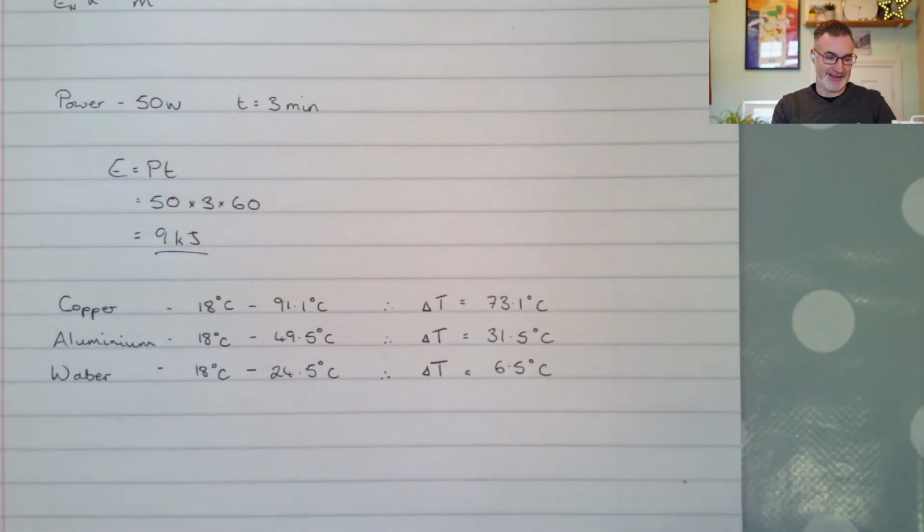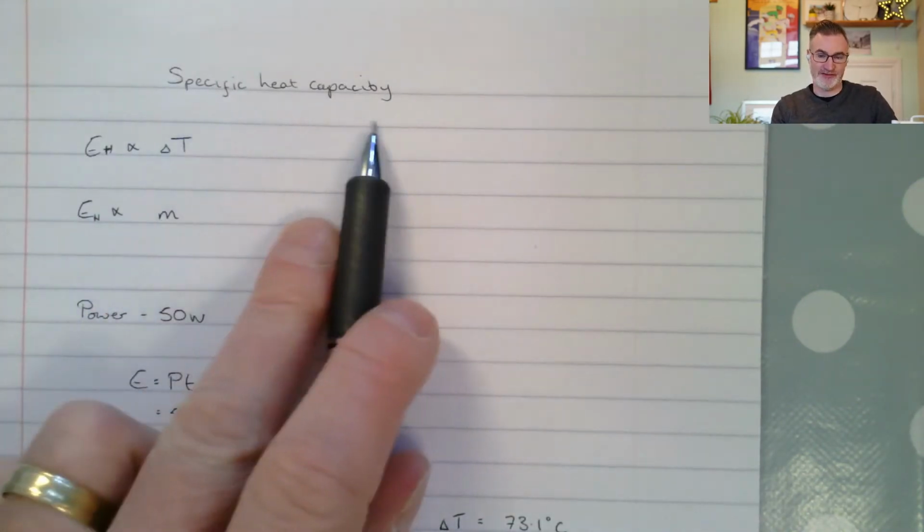And this is a definition. This is the definition of specific heat capacity.